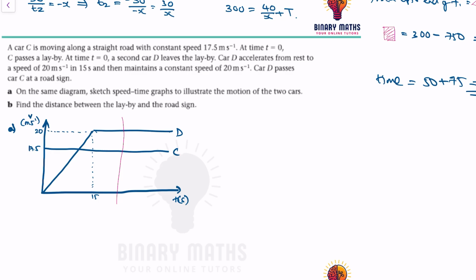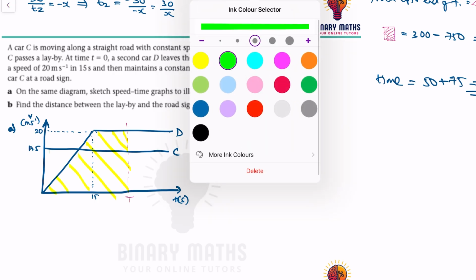Let's call that T seconds. So T here. So we know that the area under D must be equal to the area under C, which is here.